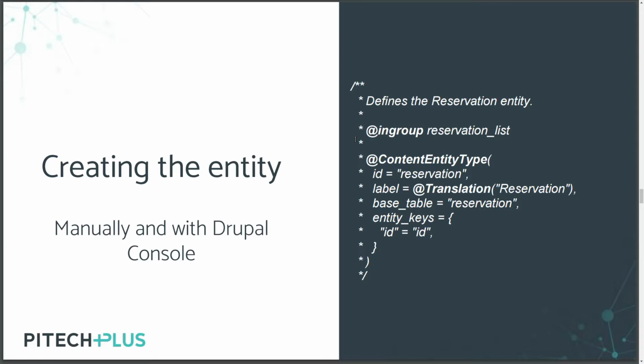And if you are on the first step branch, then that's all you should have there, I hope. But you should create the source folder, and under it the entity namespace, and within the entity namespace you create the reservation class, and the reservation class should have this annotation in the doc comment. I will give you a bit of time until you create this, and we can go on then.